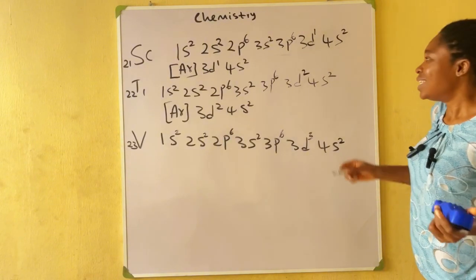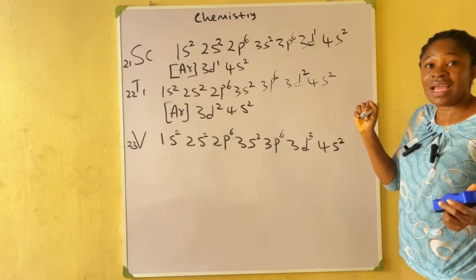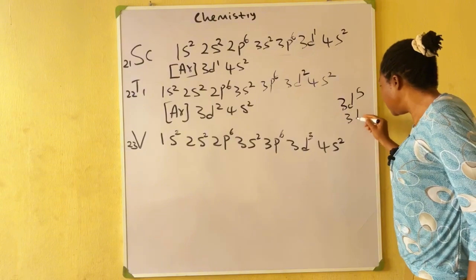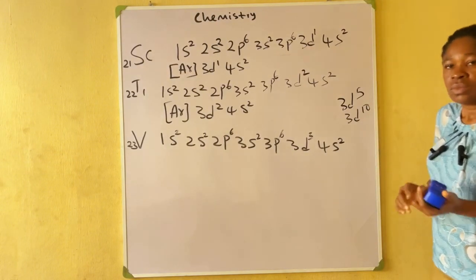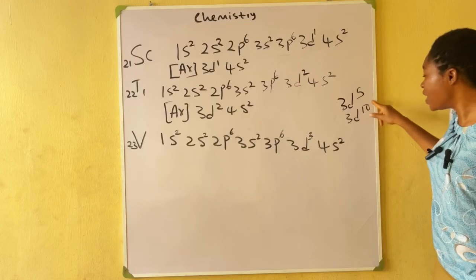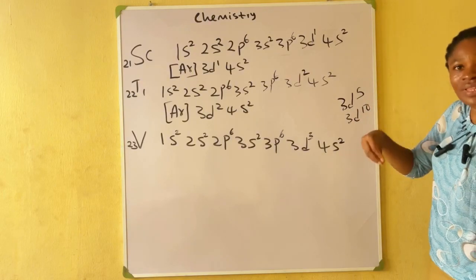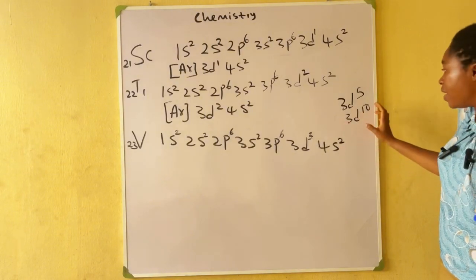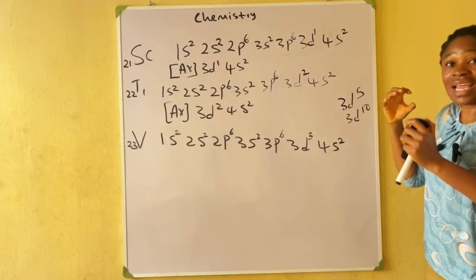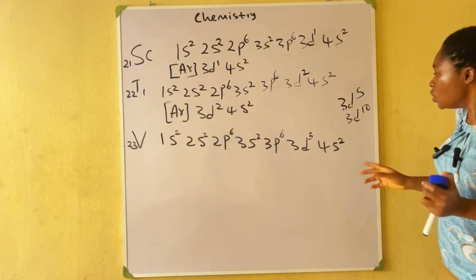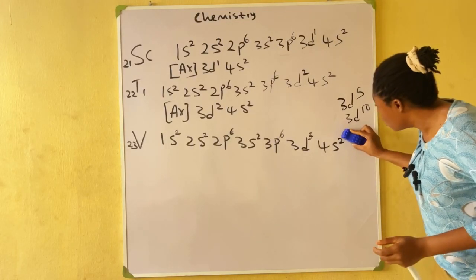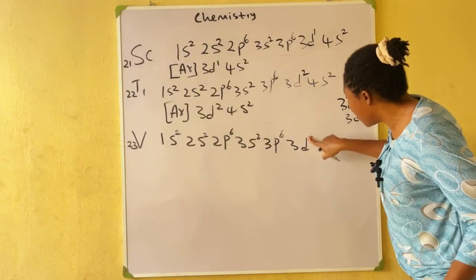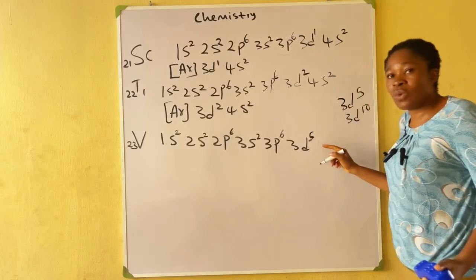You know that there's a special stability associated with 3d5 and 3d10. When they are half filled and when they are fully filled, they confer stability on that element. It will be wrong for students to not assign any electron to the 4s orbital and put 5 in 3d because you want this element to be stable.